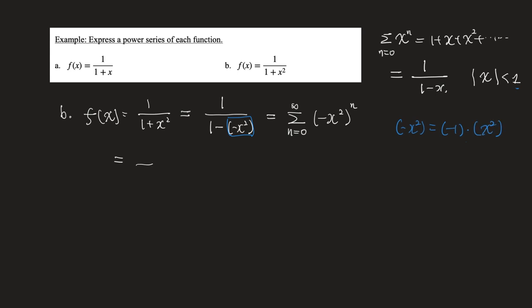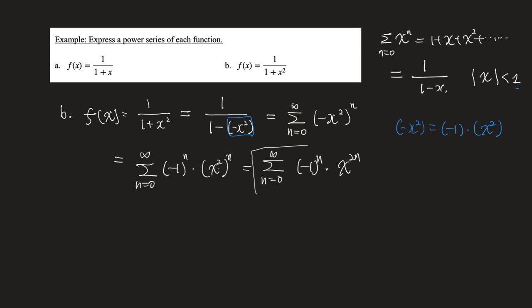So this is summation n equals 0 to infinity, negative 1 to the n, x squared to the n. So this is summation n equals 0 to infinity, negative 1 to the n, x to the 2n. So f of x equals 1 over 1 plus x squared is a power series of this form.